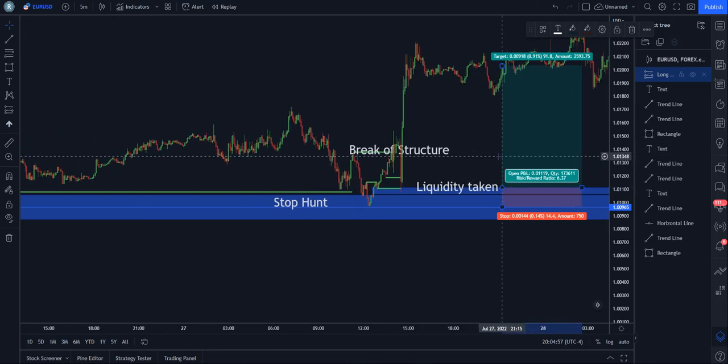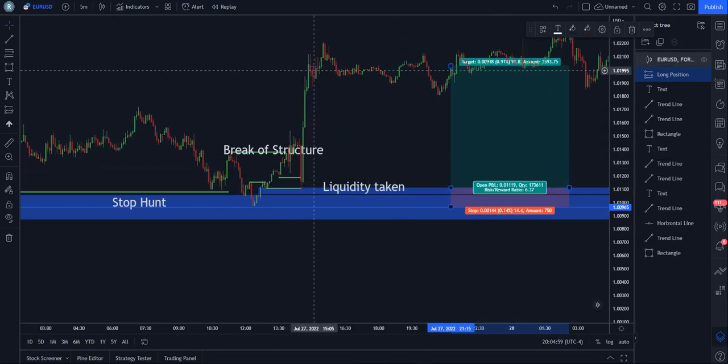And even more great is that it happens quick. You don't have to wait around and watch it consolidate. It was extremely quick and fast getting to its take profit area.